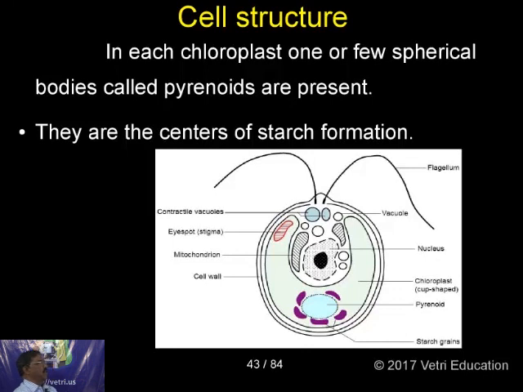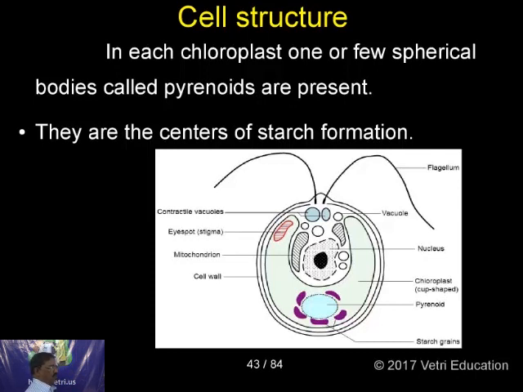Next, each chloroplast has a spherical body inside, it may be two or more than two, called pyrenoids. These pyrenoids are present in all chloroplasts.